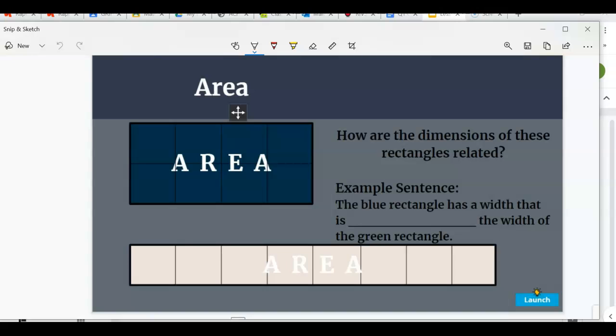How are the dimensions of these rectangles related? We've got two. We got one in blue, one shaded in with a tan color. So we're going to pause for a second and give you an opportunity, in just a minute, to look at it. And our example sentence here is: the blue rectangle has a width that is blank the width of the tan rectangle.